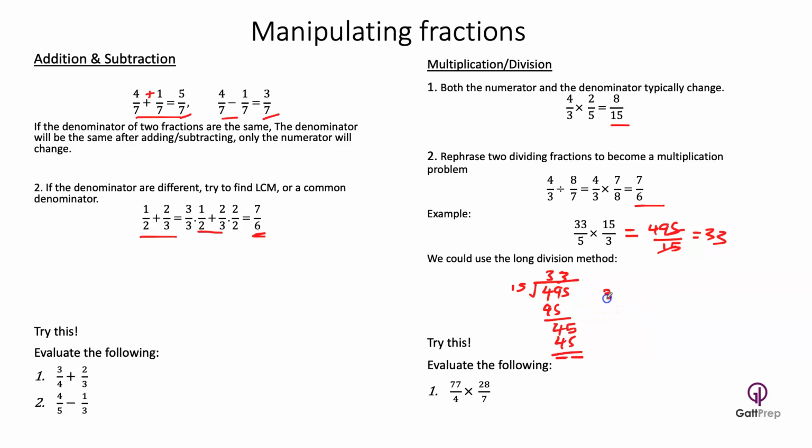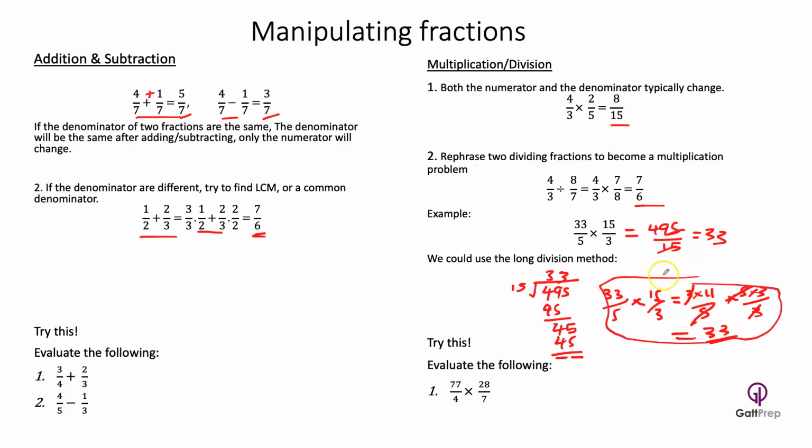Here you can rewrite 33 over 5 times 15 over 3, which is equal to what? 3 times 11 all over 5, and then 5 times 3 is 15 all over 3. Clearly you can see that this 3 can cancel out this 3, then this 5 can cancel out this 5, and then you have 11 times 3, which is 33. So this is very simple stuff.